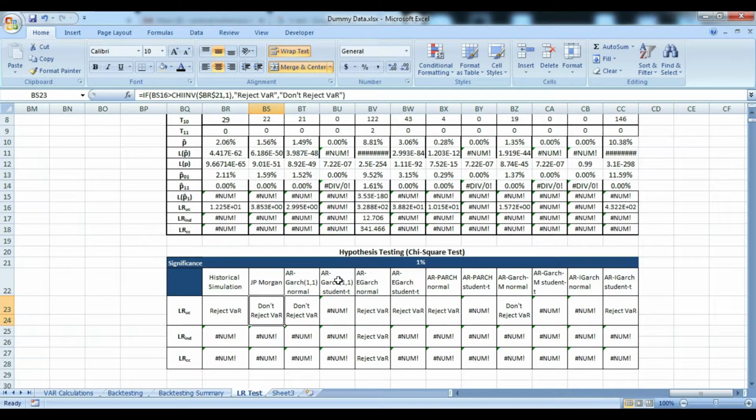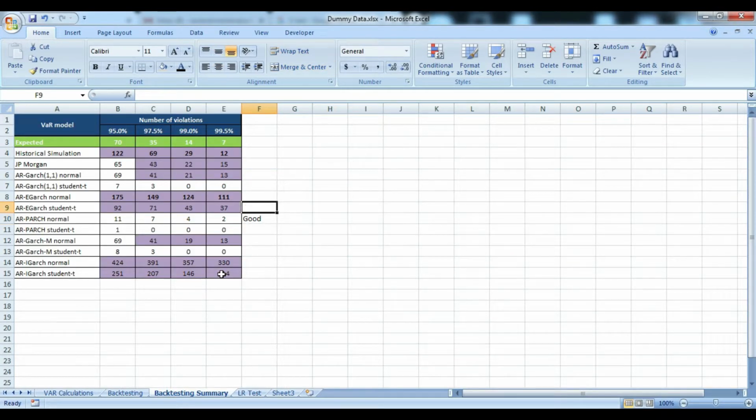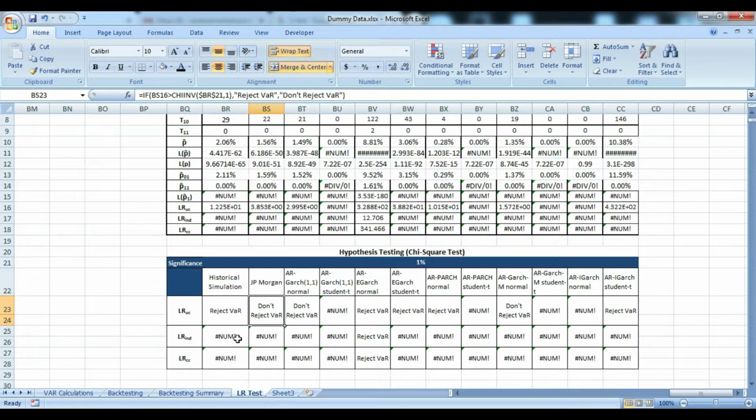So let's compare these results at 99% with our backtesting summary. Say JP Morgan 99%, it breached the number of violations, so we have rejected it, but in the LR test it got accepted. Then AR GARCH11 normal, it is saying don't reject VaR.